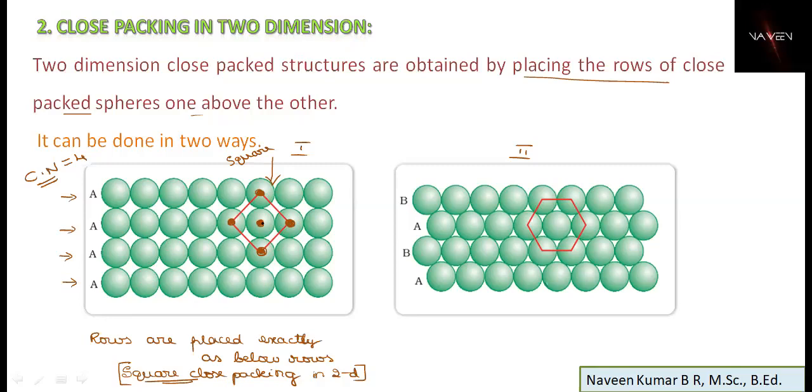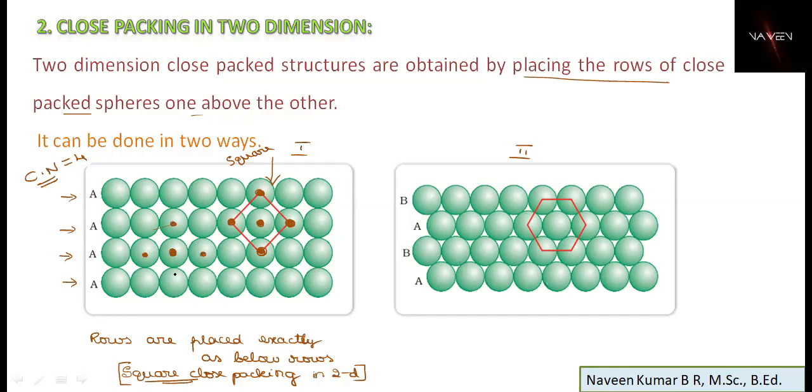If we take any particle, it is in contact with four of its neighbors, which upon joining by straight lines, the center points will form a square structure. Hence, it is called square close packing. Now I will take one more particle here.